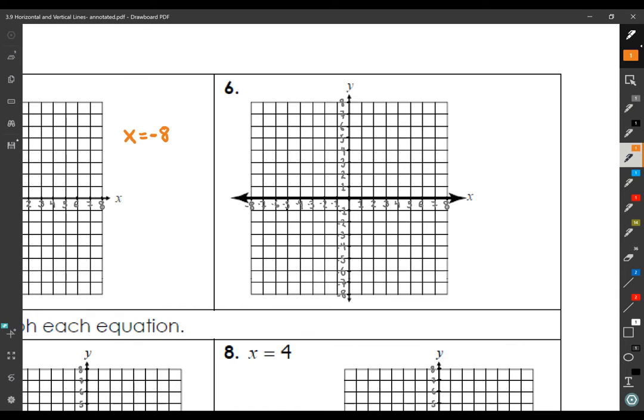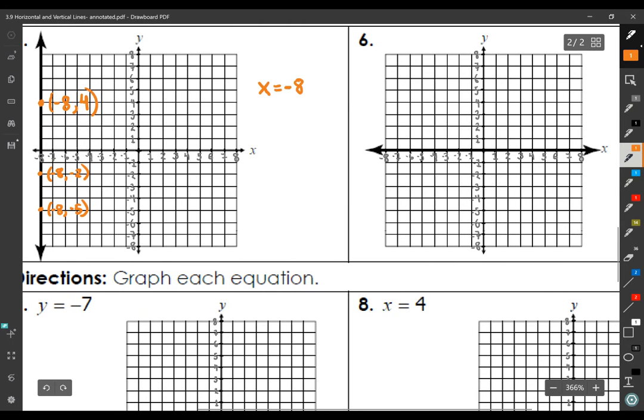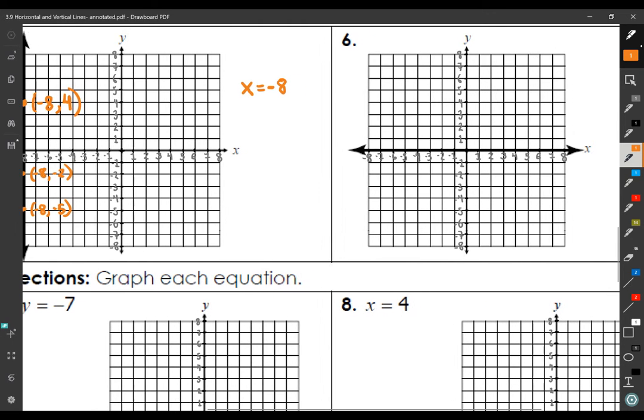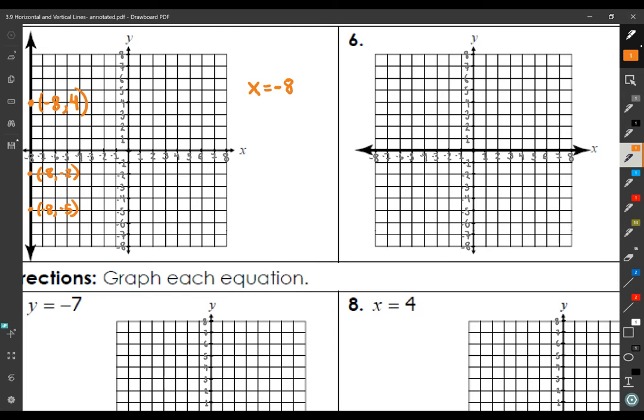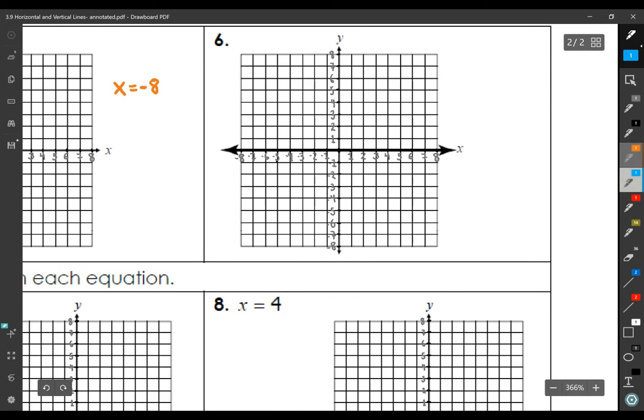Okay, our horizontal line. This is an interesting one. It looks like our horizontal line is lying right on top of the x-axis. That's no problem. So again, let's think about what the coordinates of the points are. This would be 4, comma 0.